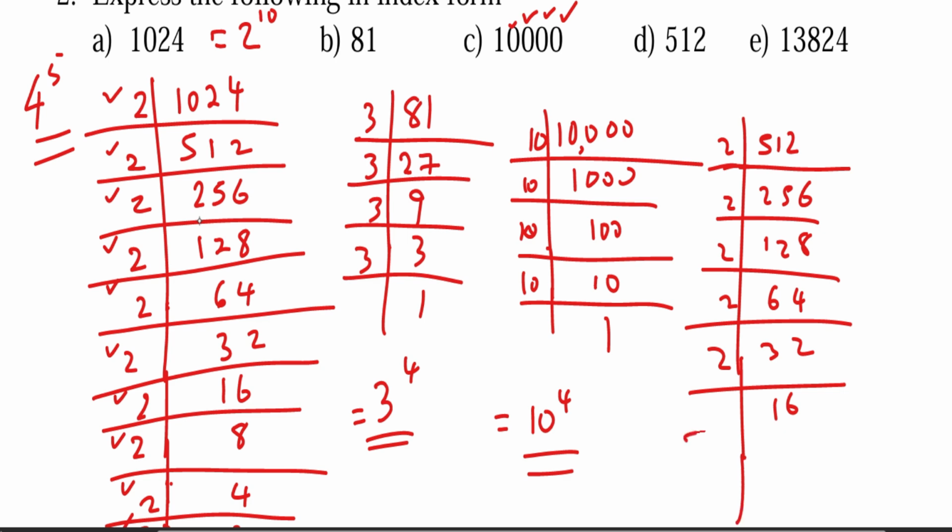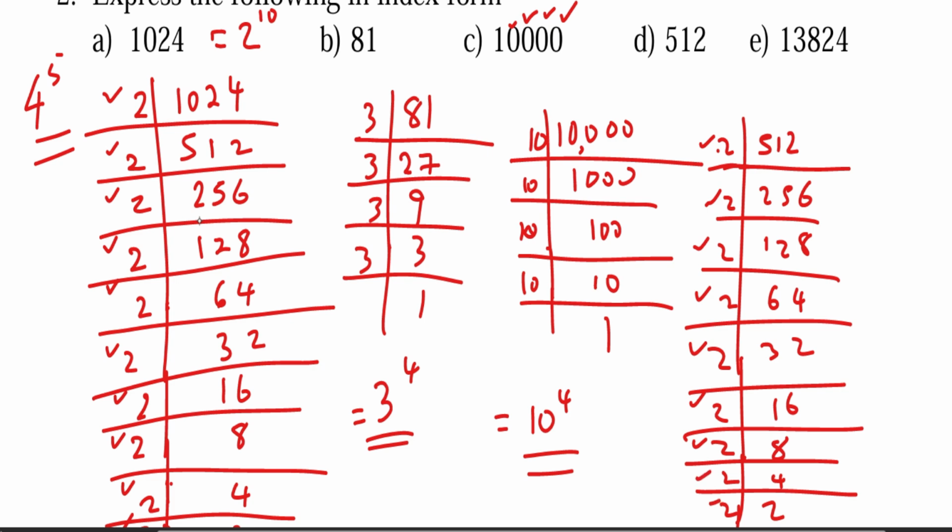Divide by 2, 8. Divide by 2, 4. Divide by 2, 2. And lastly, divide by 2 gives you 1. So this basically is 1, 2, 3, 4, 5, 6, 7, 8, 9. This is equal to 2 to the power of 9. As simple as that.